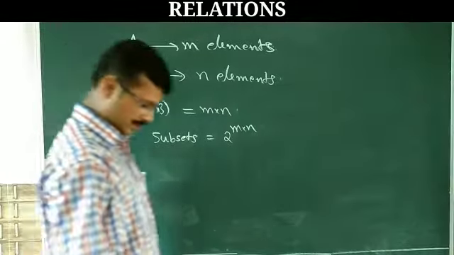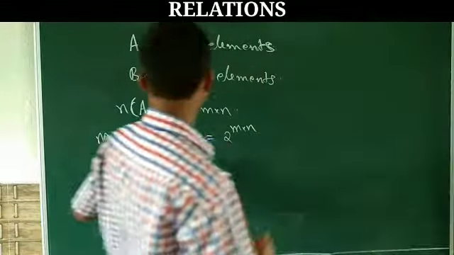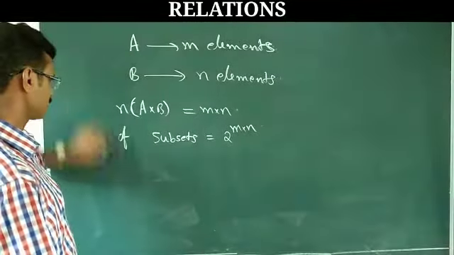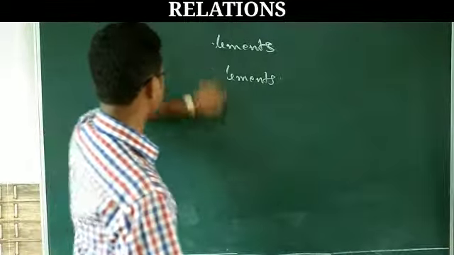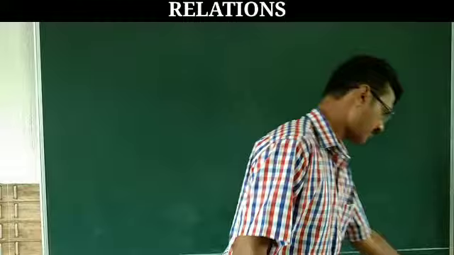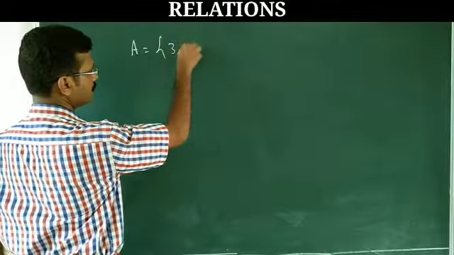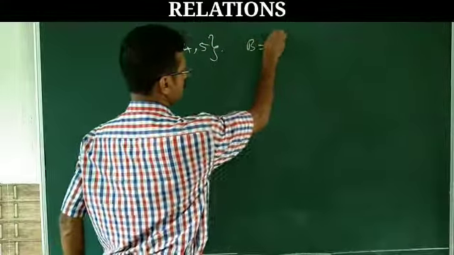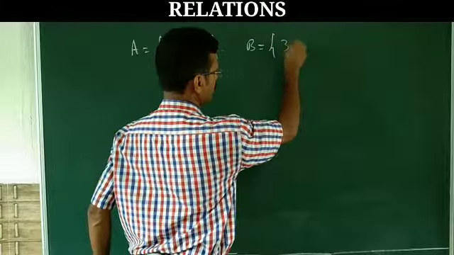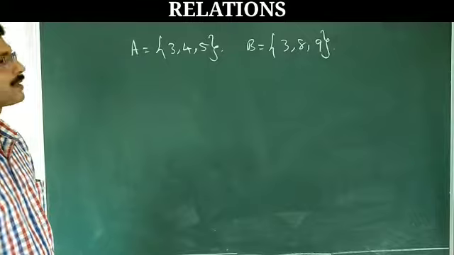Now this can be explained with the help of an example, so that we get more clarity. Suppose A is a set given as 2, 3, 4, 5, and B is a set, let it be 3, 8, 9.